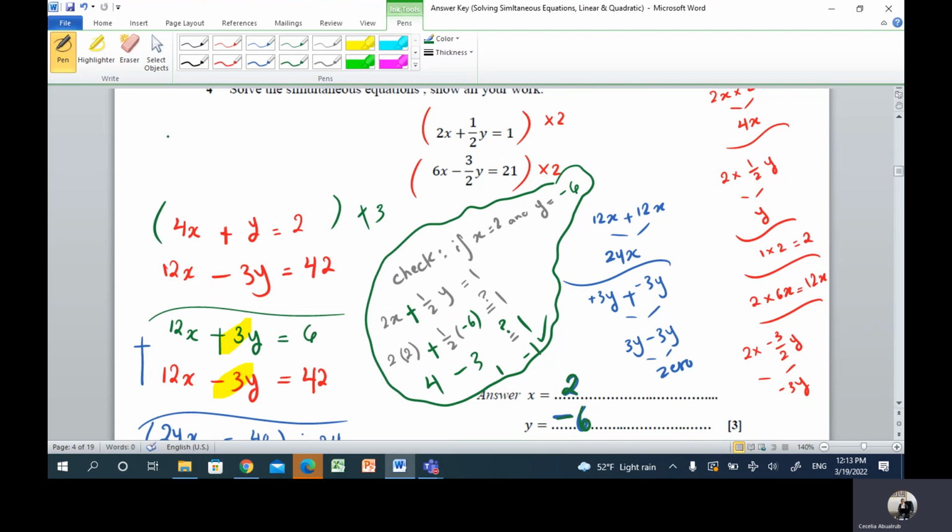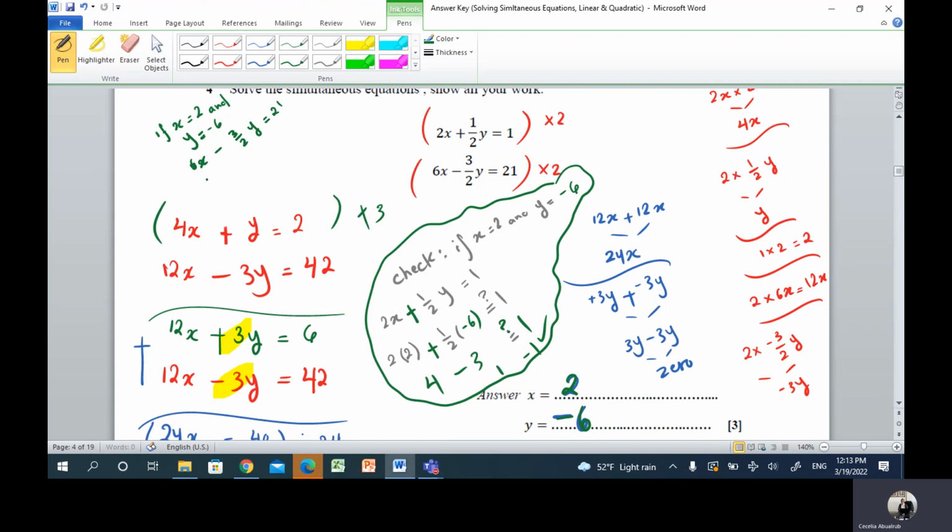To check further, if x is equal to 2 and y is equal to -6, let's go to the second equation. Okay, that's the problem, it keeps on erasing. The second equation is 6x minus 3 over 2y equals 21.